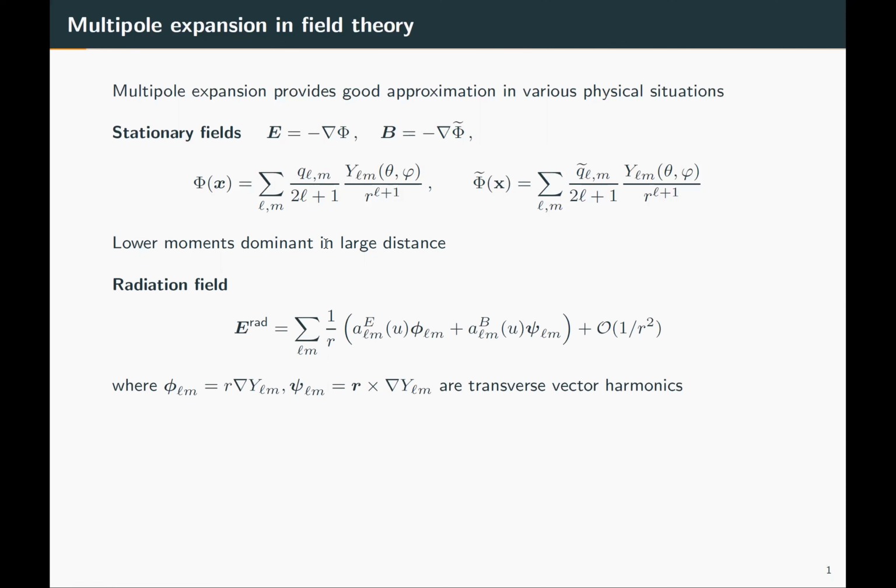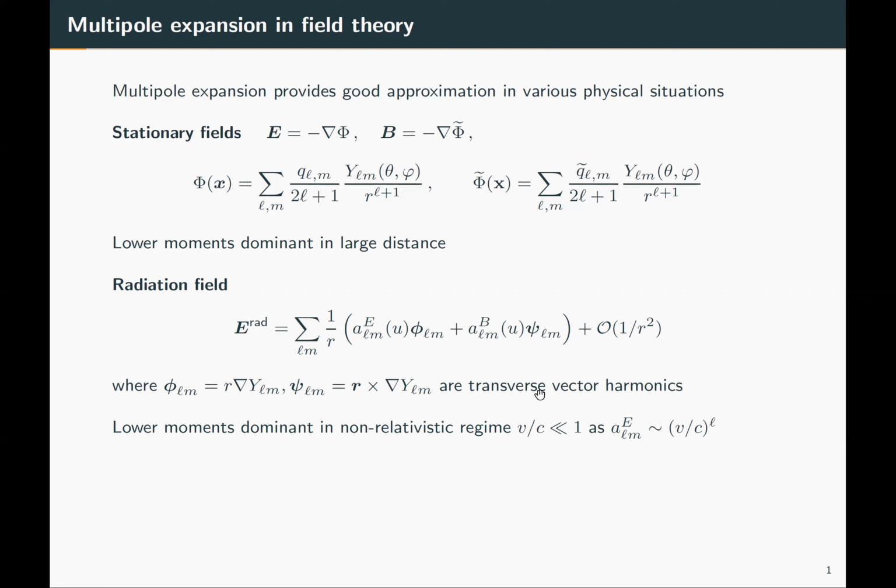Now, if you have radiation, this totally destroys this structure, and already at leading order in 1/r, where you have the radiation, you will have all the multipole moments. These coefficients are called radiative multipole moments, which multiply these vector spherical harmonics. But still, the multipole expansion provides a good approximation of the result, because you can show that in a non-relativistic regime, v over c is much smaller than 1, where v is the typical velocity of the source.